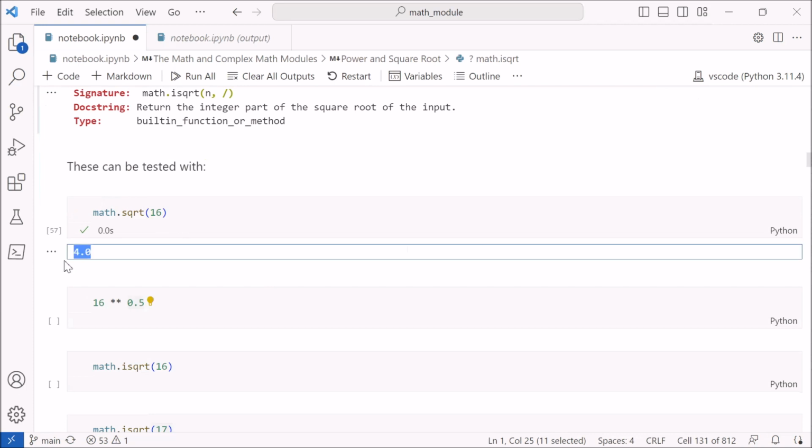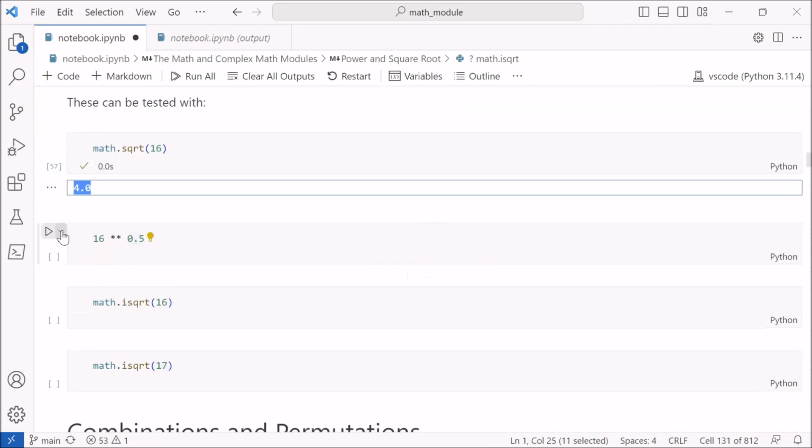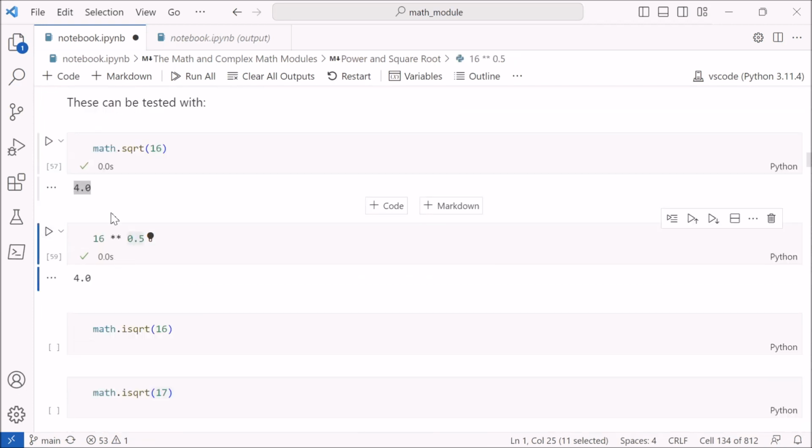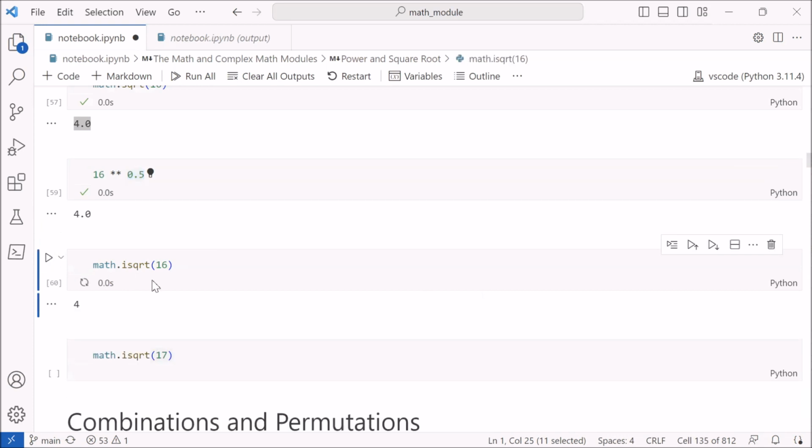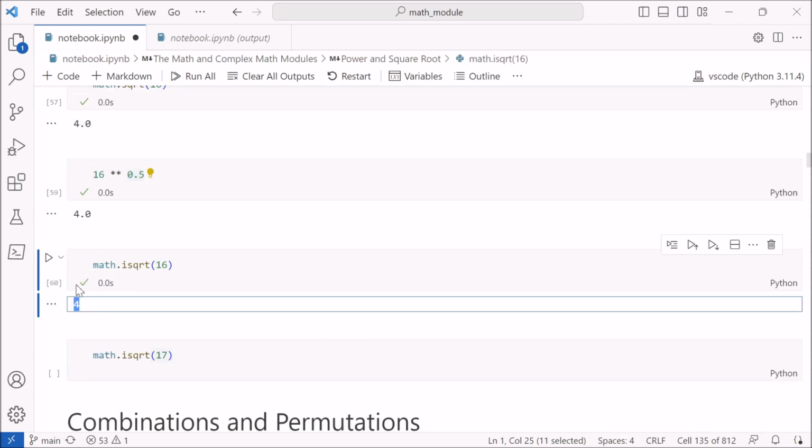So the square root gives the value 4.0, whereas if we just use the power to 0.5, we also get 4.0. If we have a look at the integer square root, then what's happened is we actually get the value 4, and there's no decimal point because we're specifying we want an integer.